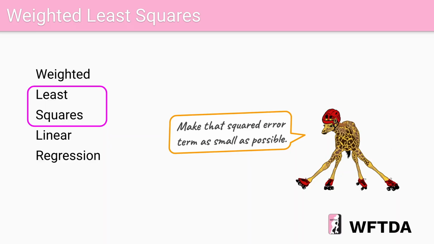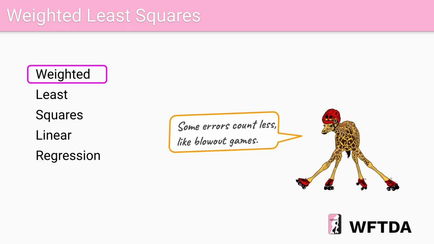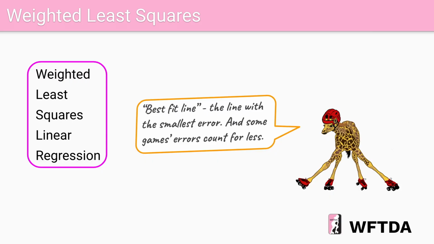That's why we say least squares. And weighting just means some of those terms will get a different weight. For example, if a game is a blowout, we will count it for less. So all this means is we have an equation that makes a best fit line through all the games. In other words, the line with the least error. And some of those errors will be weighted differently. That's all weighted least squares linear regression really means.